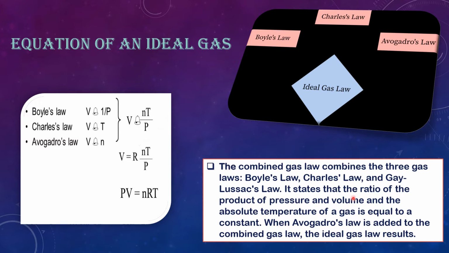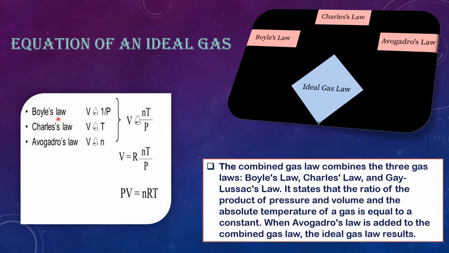When Avogadro's law is added to the combined gas law, the ideal gas law results. So generally we say that the combination of Boyle's law, Charles' law and Avogadro's law is the ideal gas law.